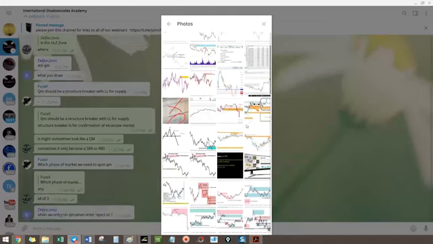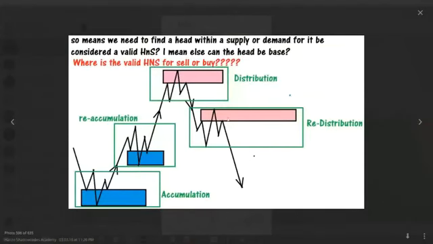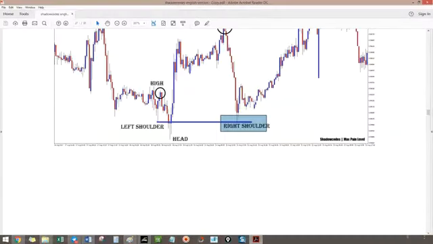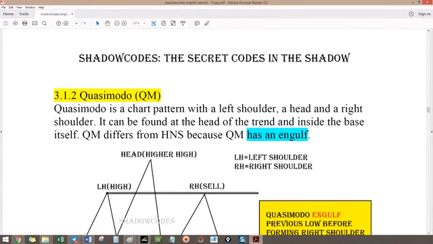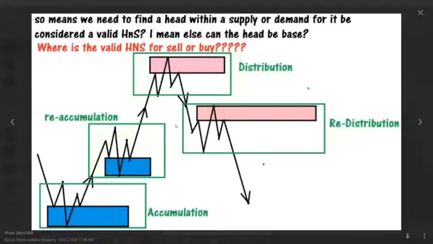Can you please save this picture? I already drew it in the previous class. This one, just change it to QM. You can find this QM in all of the structures. Also read this ebook I already wrote. It can be found at the head of the trend and inside the base itself. Over here, this is a base, this is also a base, this is also a base.